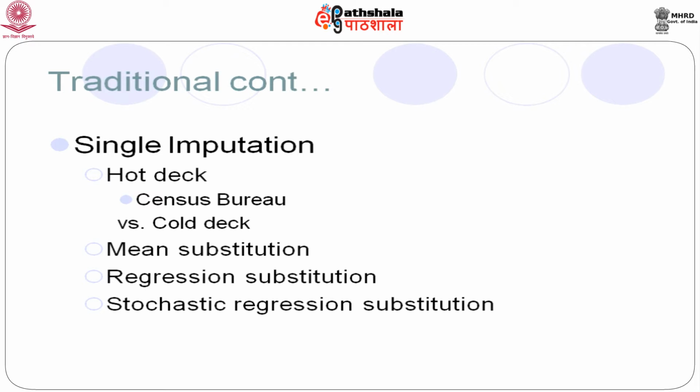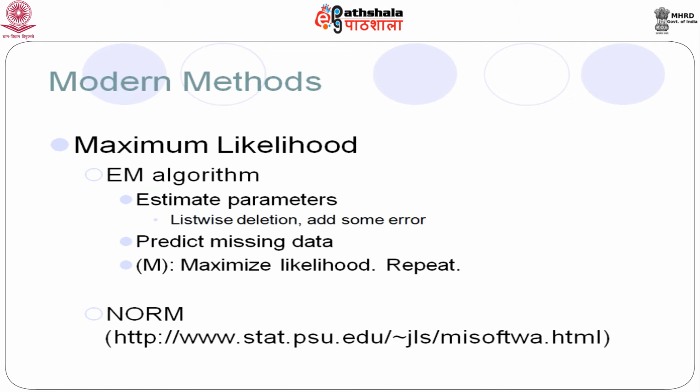Rather, the modern technique is multiple imputation, where you are able to get almost the same inference had the complete data set been available. Single imputation techniques include hot deck, then cold deck, then mean substitution, regression substitution, stochastic regression substitution, etc.